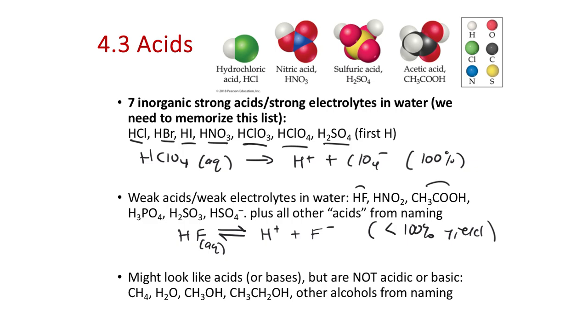So the first 6 of the 7 strong acids lose their 1 H plus fully. H2SO4 is a little bit weird where it has 2 H ions, but only the first one falls off to 100% yield. So if you imagine having a soluble H2SO4 molecule, it 100% dissociates to H plus, and then that HSO4 minus ion, if you remember, that was hydrogen sulfate ion.